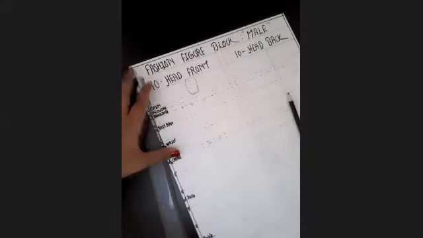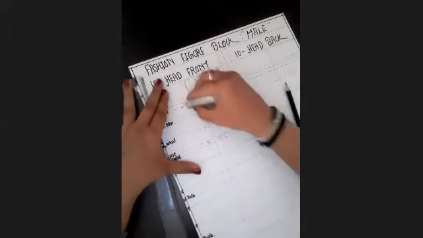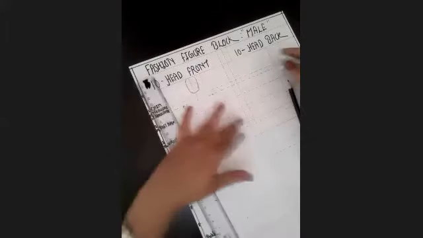Ma'am, can I ask you one thing? Yes, please. Ma'am, from the center line, what's the measurement from this straight line? That you draw a line now. This line, right?